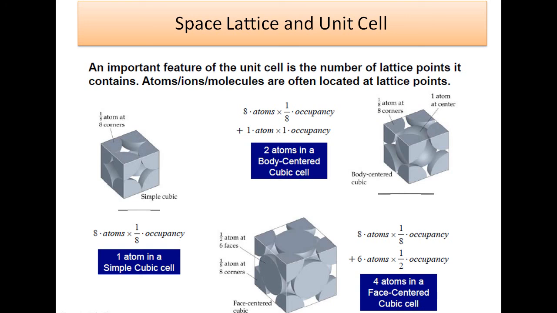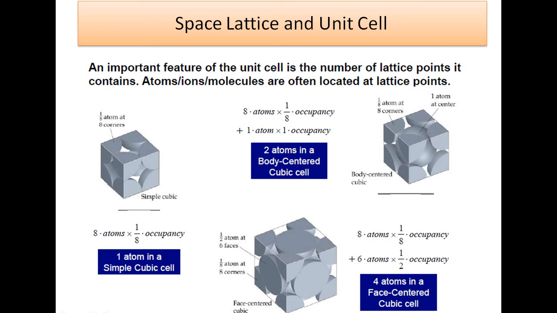Now, a very important feature of a unit cell which we must know is how many lattice points a unit cell contains, or how many atoms or molecules are present per unit cell. So how can we find this out? For example, in a simple cubic cell, we have all the particles at the 8 corners.